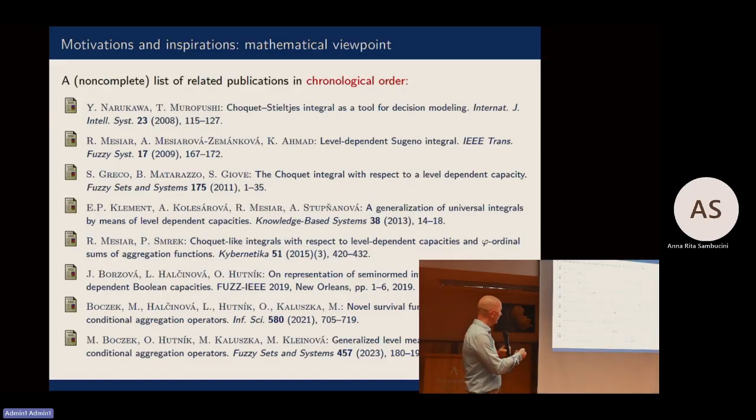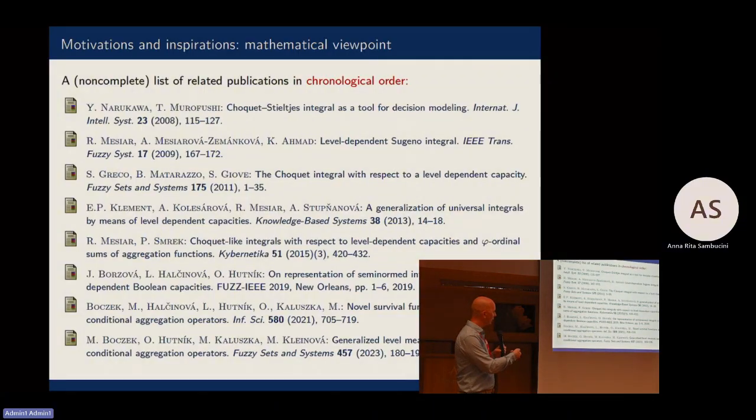And we entered into this world in 2011 when we tried to understand the situation with level-dependent Boolean capacities and representation of the Sugeno integral, as well as the more general family of the smallest semicopula-based universal integrals. And then we started a very fruitful collaboration with Polish mathematicians, and we introduced something called the conditional aggregation operator and a generalized level measure based on this family.